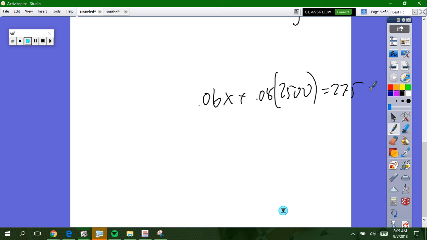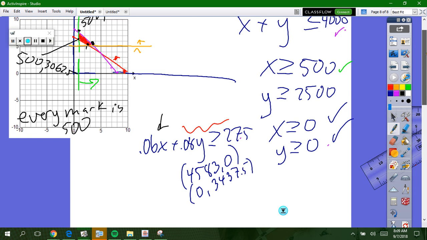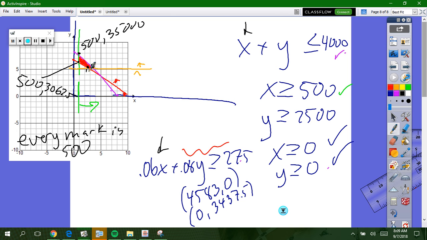Oh, that's right. 0.06x plus 200 equals 275. 0.06x equals 75. 75 divided by 0.06 is 1,250. Yep. There we go. So now we have all the barriers that it needed.